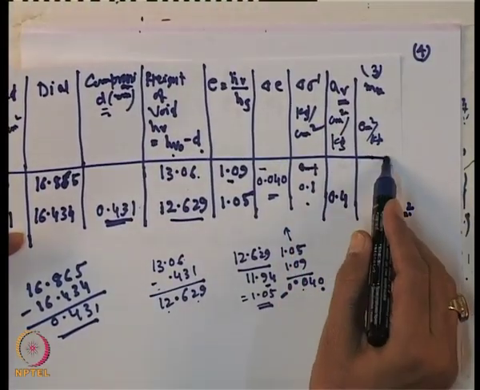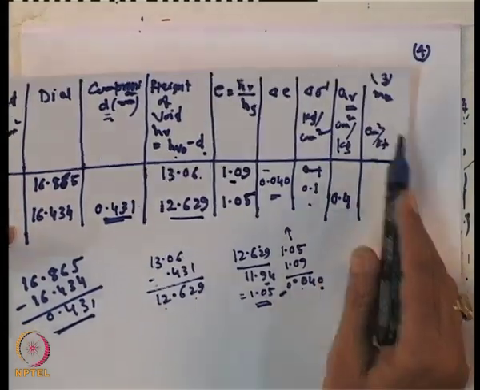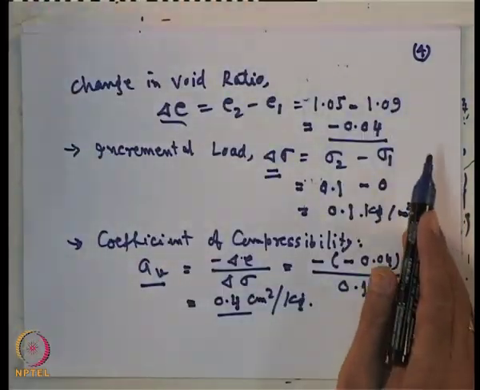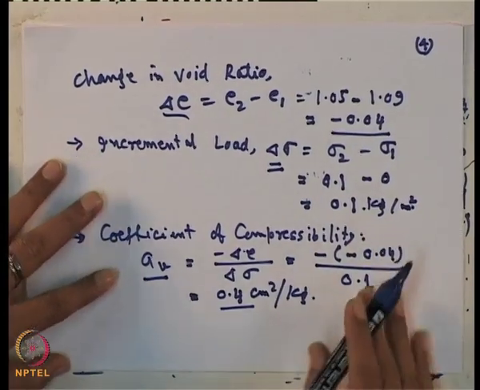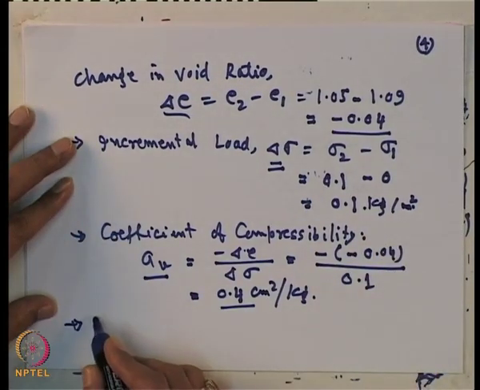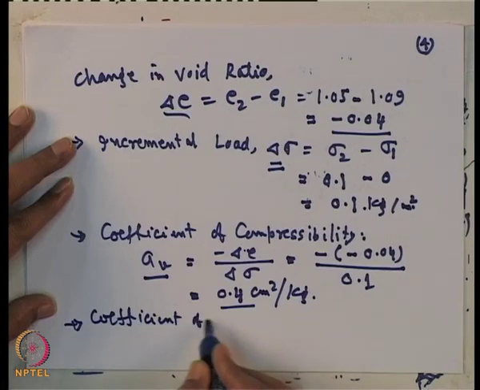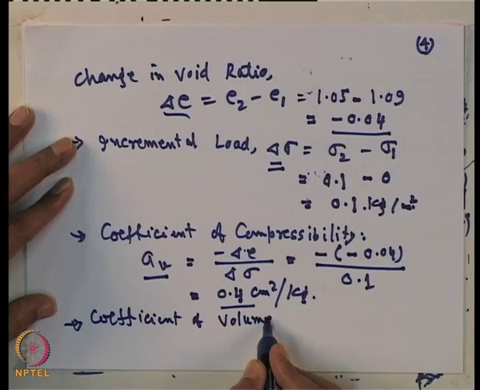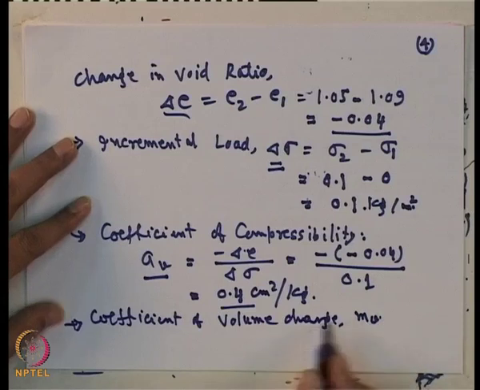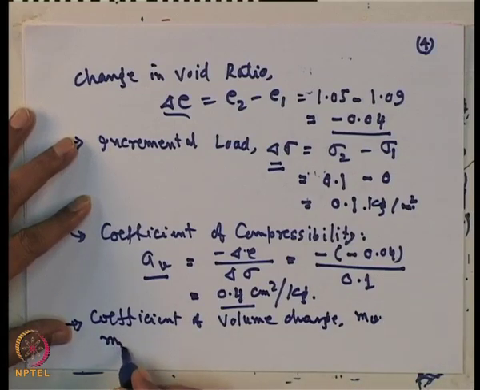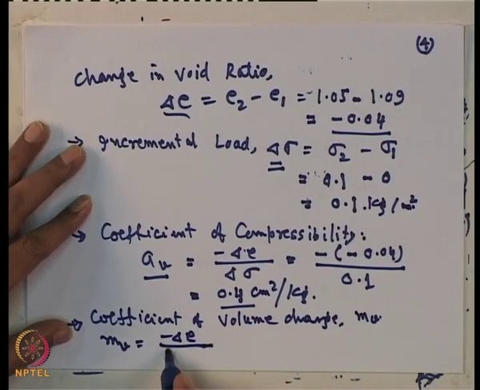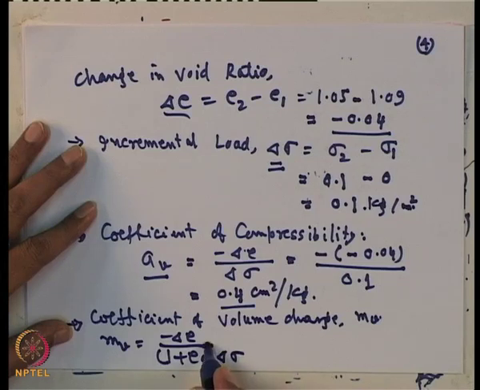Now, we have to calculate mv, that means the coefficient of volume change, that is m of v. We know the equation: mv is equal to minus delta e divided by 1 plus e0 into delta sigma.